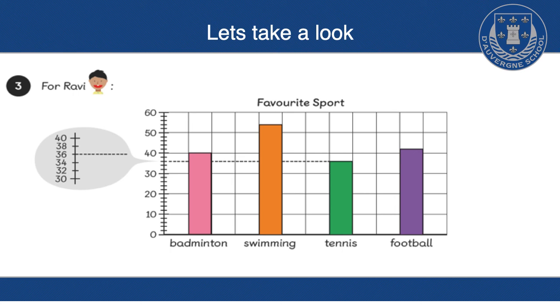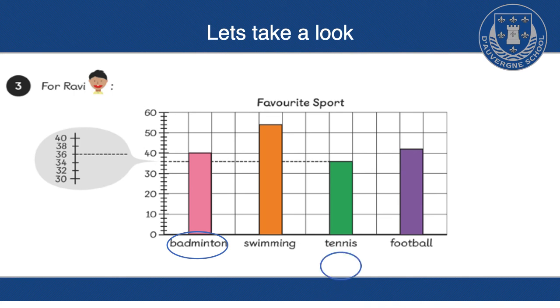And then his final statement was more pupils like badminton than tennis. As you can see, he is correct with that one, because 40 pupils like badminton and only 36 like tennis. So 40 is more than 36, so that statement is true.